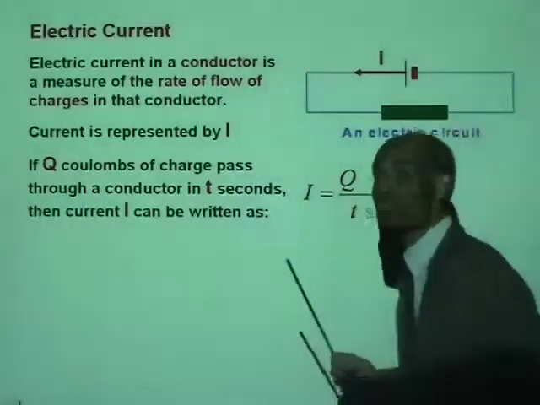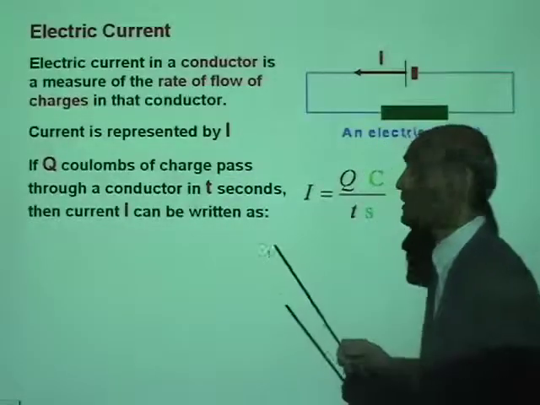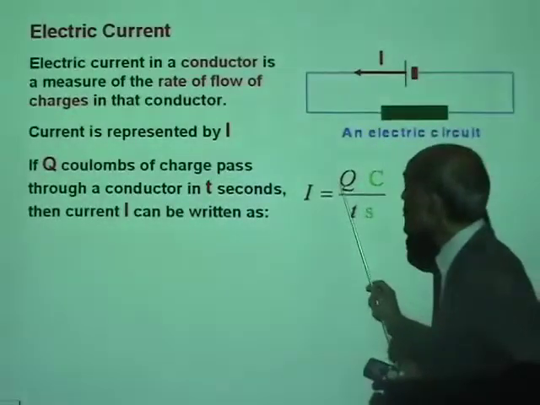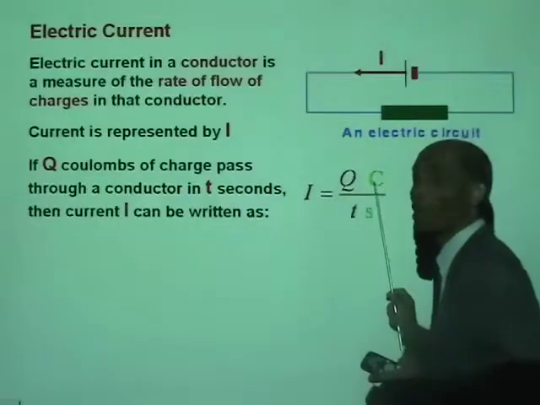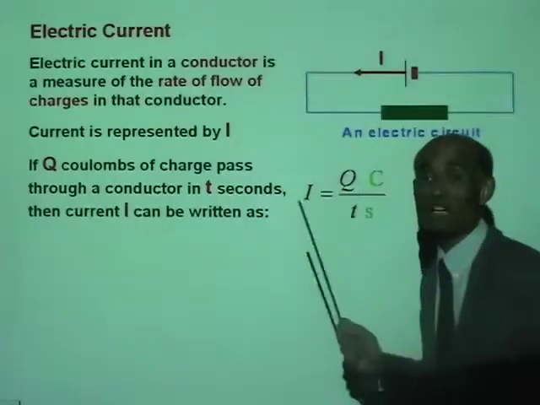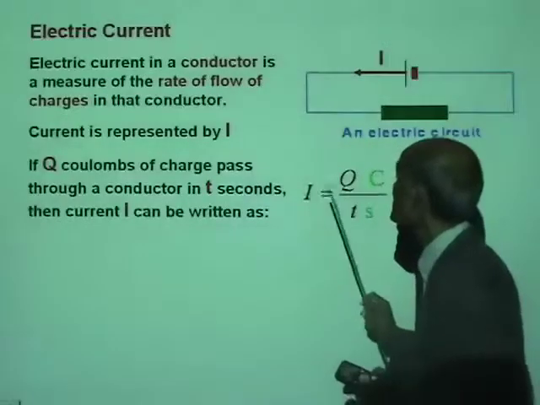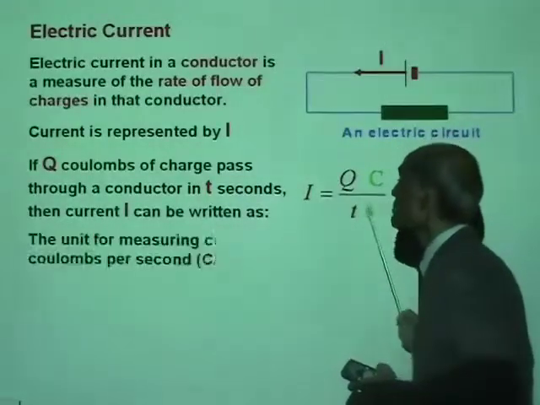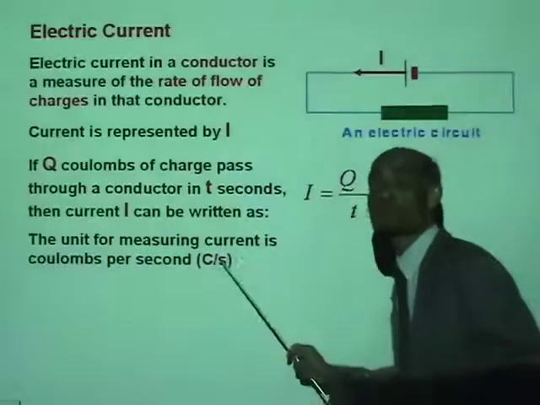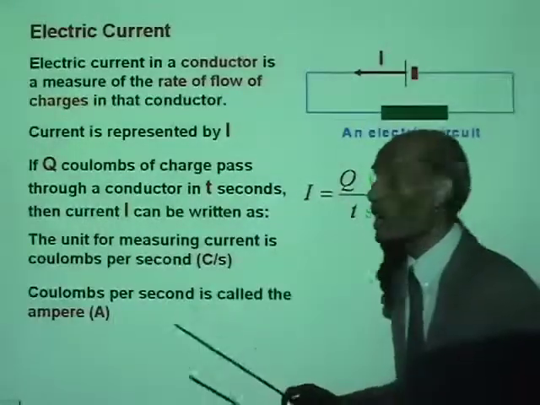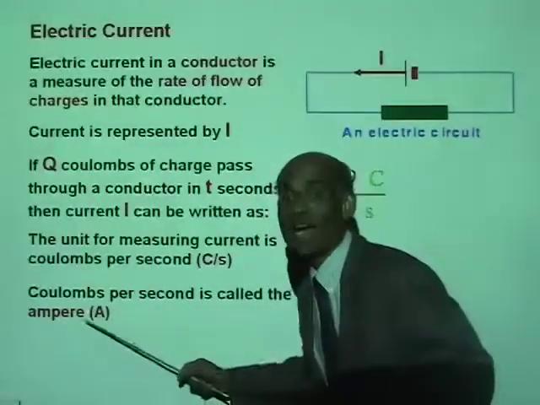Now, what is the unit of electric current? The electric charge is measured in coulomb, time is measured in seconds, therefore electric current is measured in coulombs per second, and we call it the ampere.